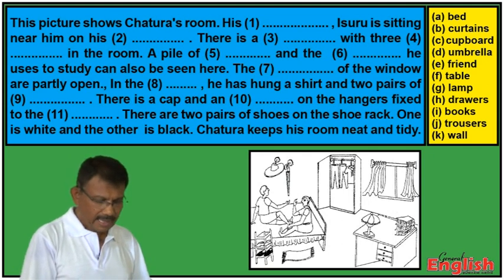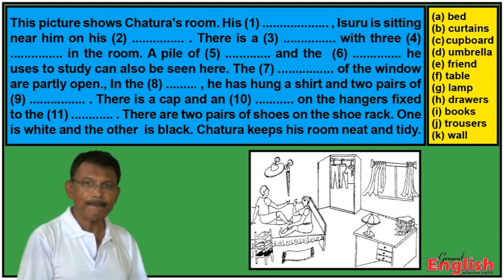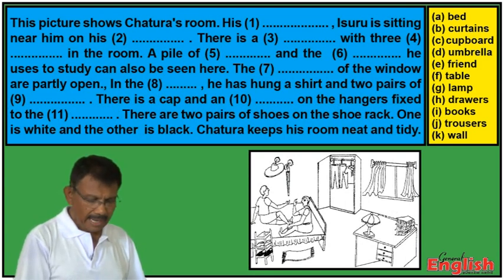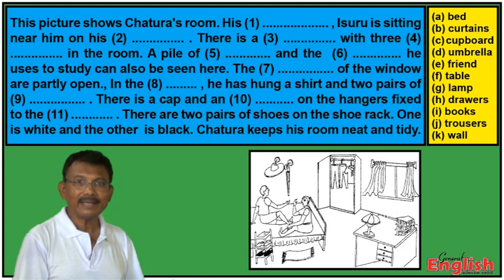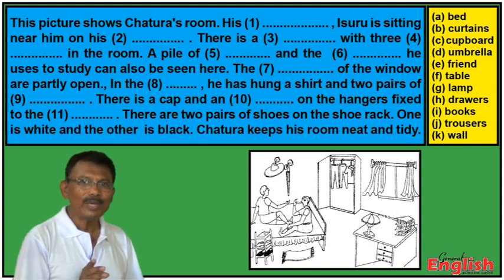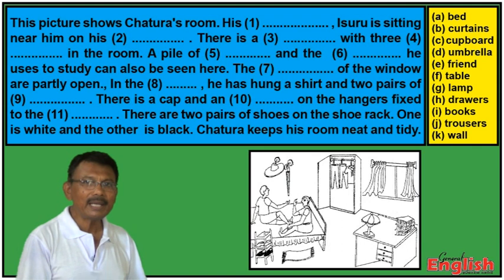Now go ahead. There is a cap. You can see a cap. And an. The word an is there. If you know the grammar that I have already taught, an is an article we use with a word beginning with a vowel or a vowel sound.